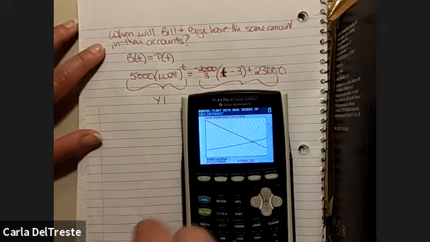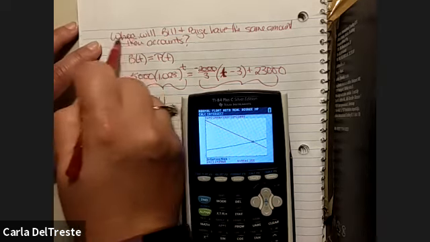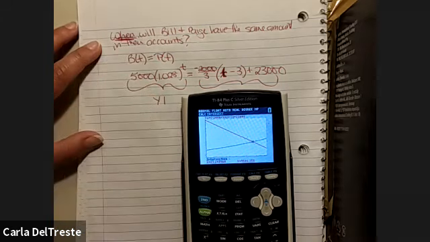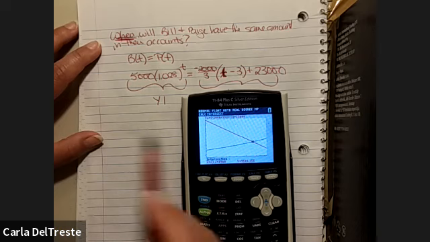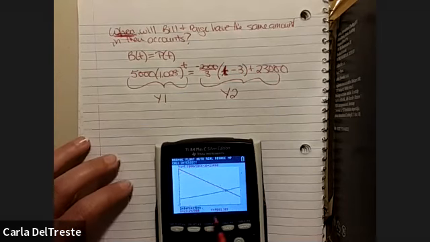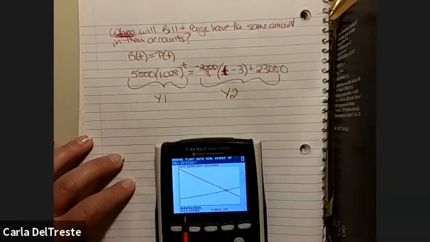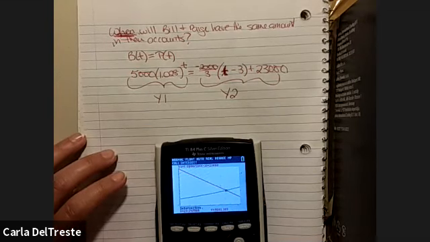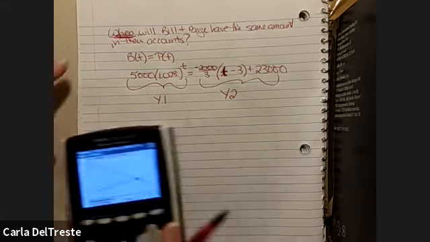I want to know when, okay? The question is just when. It's asking about the months. So again, to answer this question, I don't care about this, right? To answer the question, I only need this. It's going to be after approximately 23.248 months.